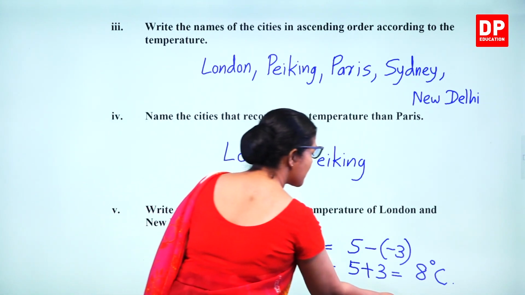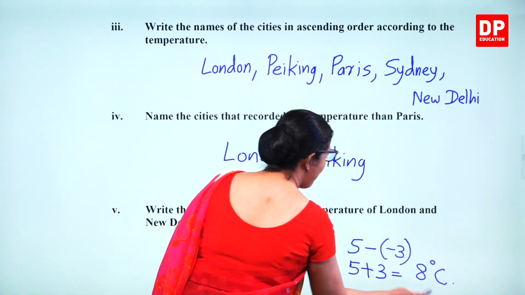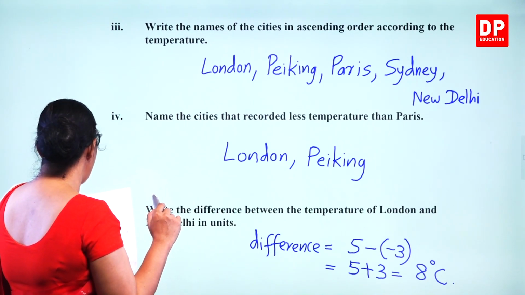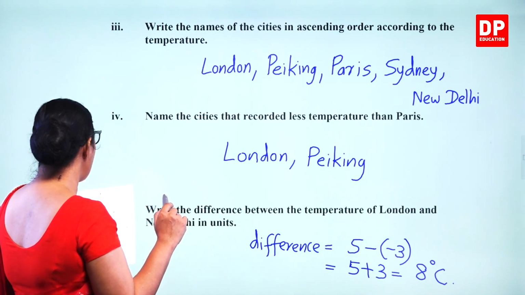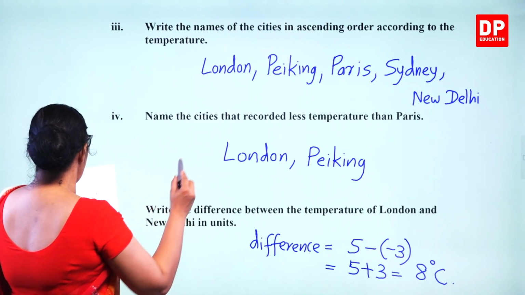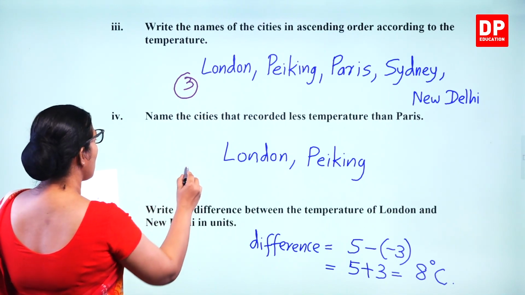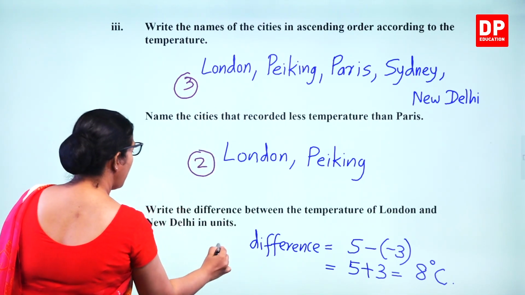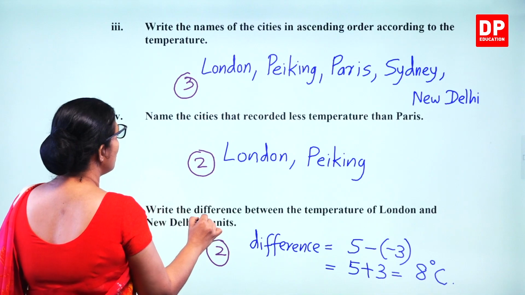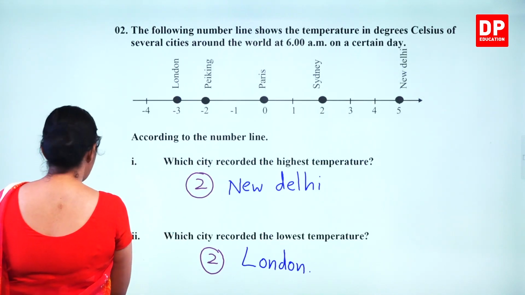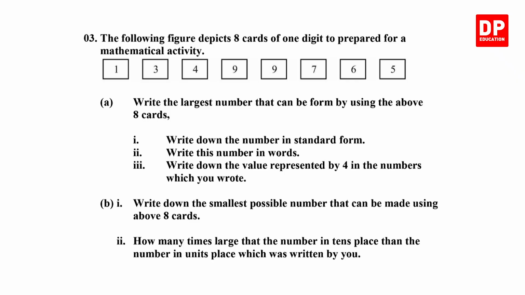So that's the difference between New Delhi and London. So how many marks for these parts? You get 3 marks for this part, 2 here and 2. So 7 and 4, 11 marks for question number 2.